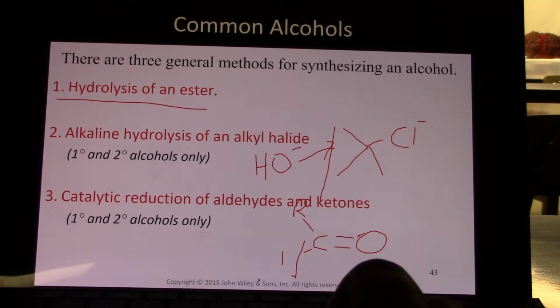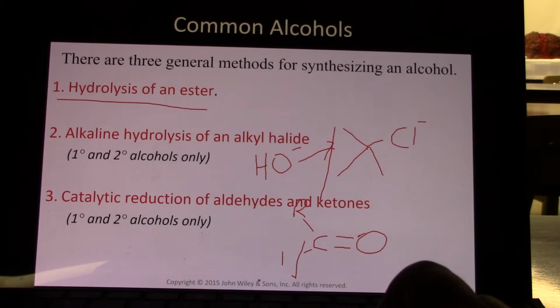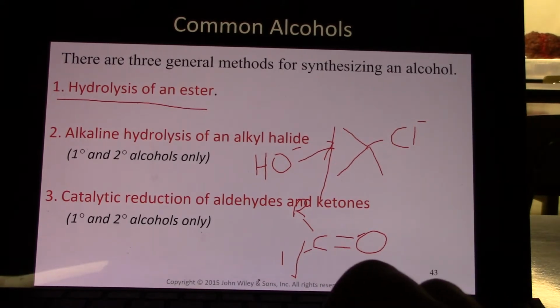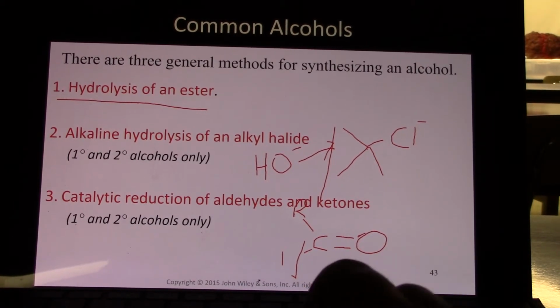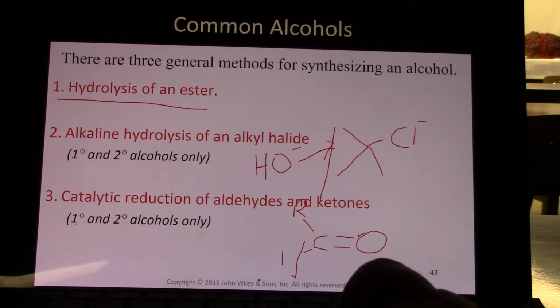So if you reduce this, you're only going to get a primary alcohol or a secondary alcohol. But there's no way you can have three carbon groups on the carbon, because you need two bonds to the oxygen, only leaving you two other bonds. And so you don't get tertiary alcohols from reduction because the starting material is impossible.